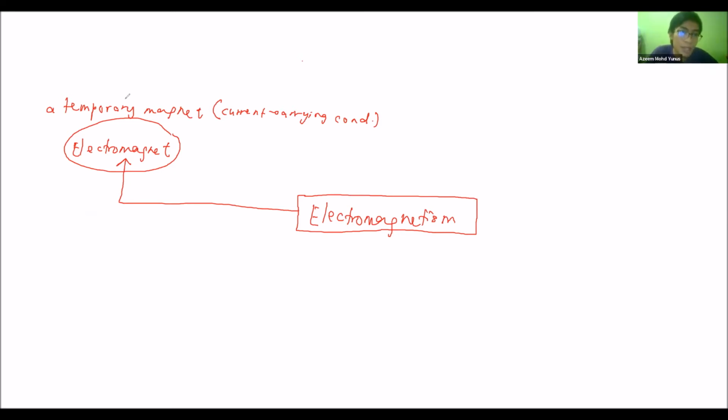The rules that we introduced there are the right hand grip rule for a straight conductor and the right hand grip rule for a solenoid. Both use the rule differently.